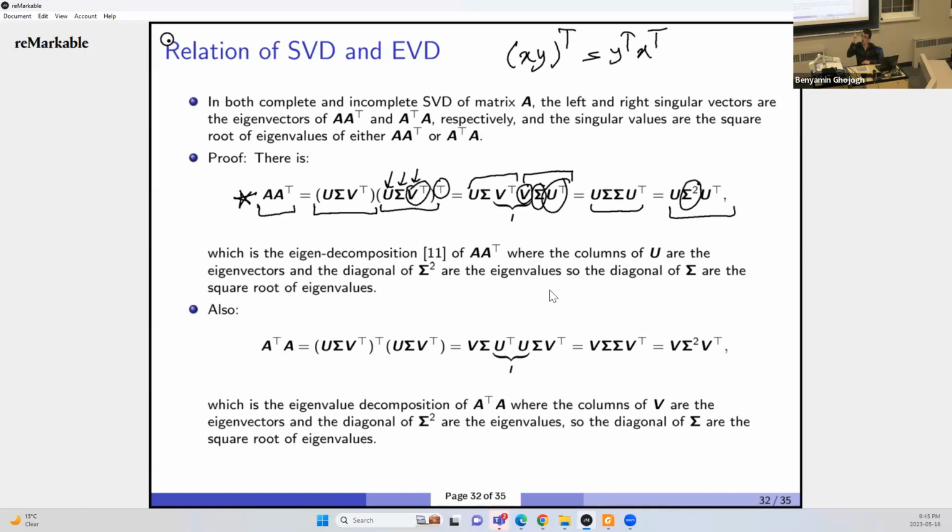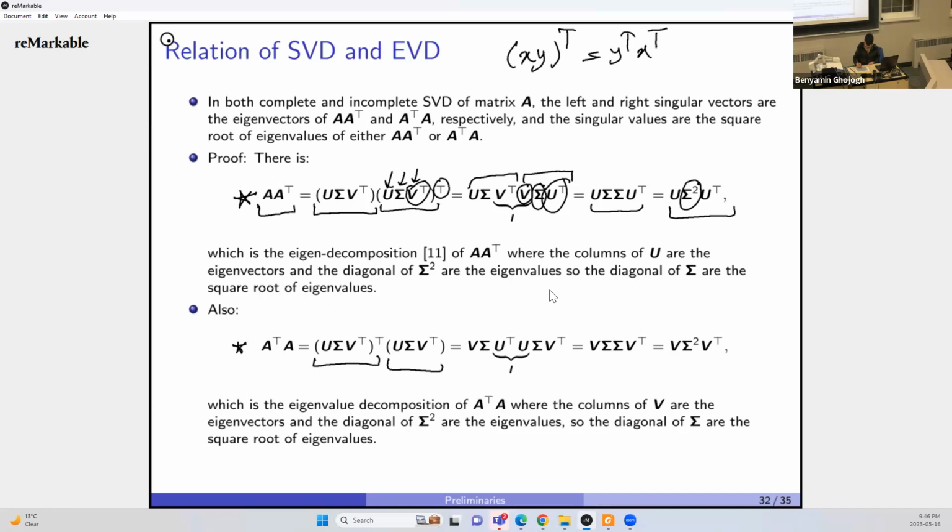We can say U, the left matrix in the SVD, can be seen as the eigenvectors of A A transpose. Sigma can be seen as eigenvalues of A A transpose. Sigma squared, sorry, sigma squared. So sigma can be seen as the square root of the eigenvalues. Consider A transpose A. I will finish it now.